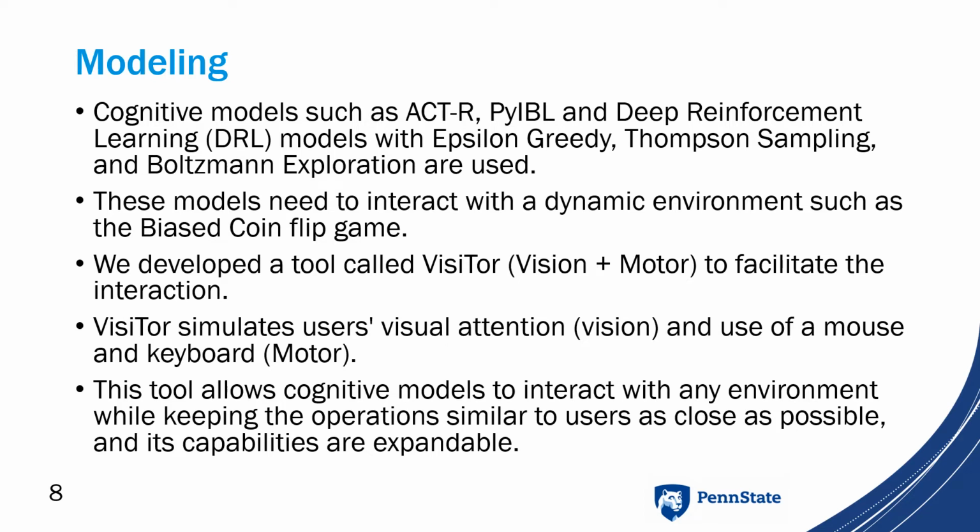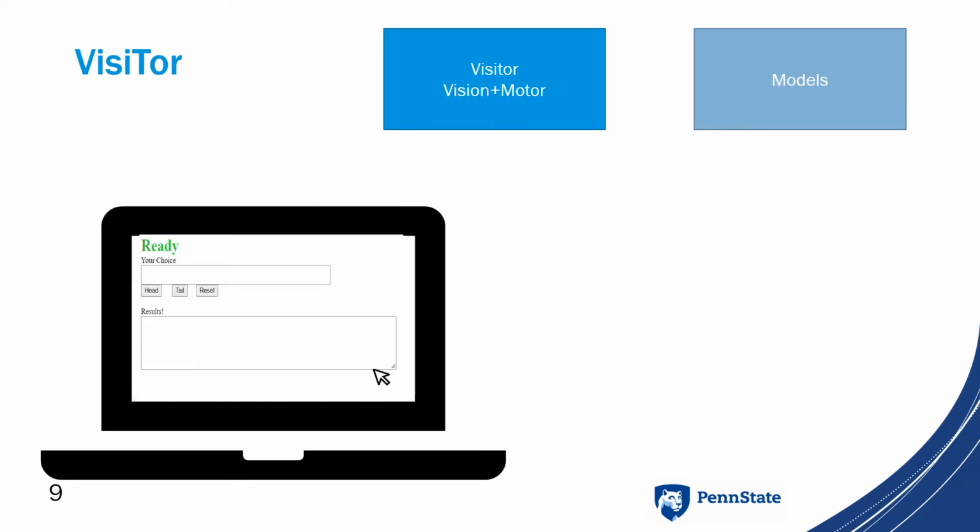Visitor simulates a user's visual attention and the use of mouse and keyboard. This tool allows cognitive models to interact with any environment while keeping the operations similar to a user as close as possible, and its capabilities are expandable simply by adding new modules to the tool. In order to elaborate on how the Visitor works, we have developed the animation over here.